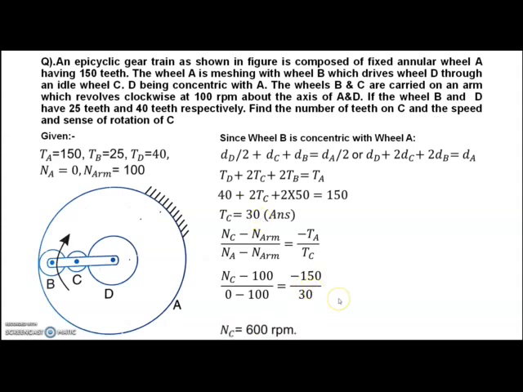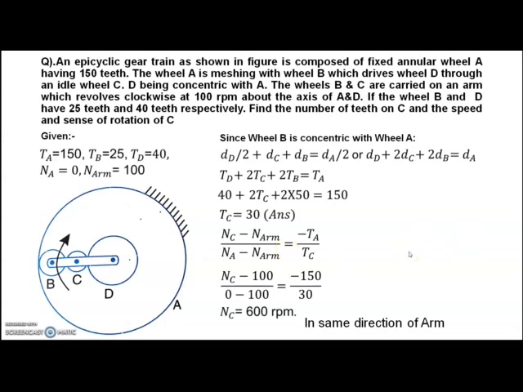By solving this, we get the speed of NC by simple cross multiplication. NC is 600 rpm, and since it is in the plus direction, NC will be in the same direction as the arm. A simple question, which with the help of the algebraic method we have solved without much difficulty.